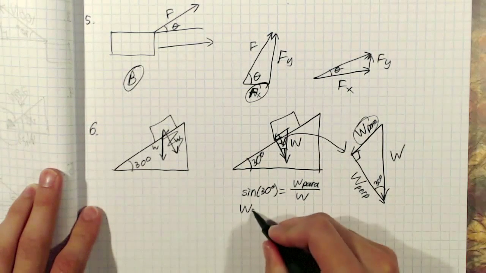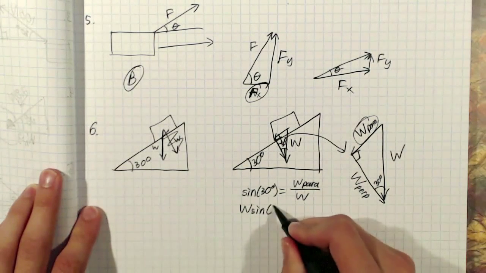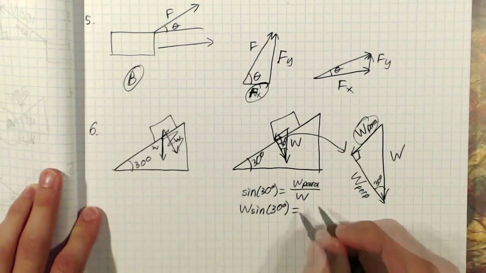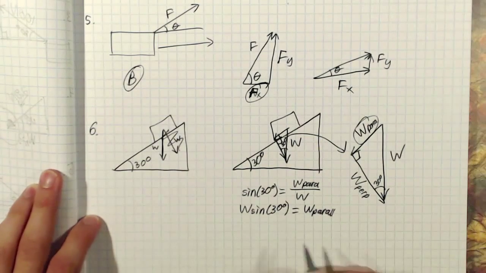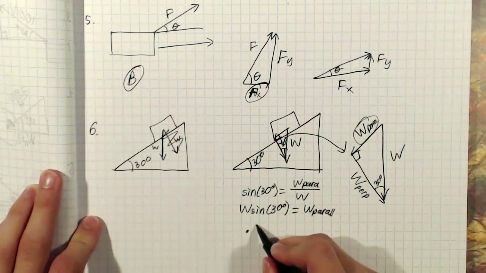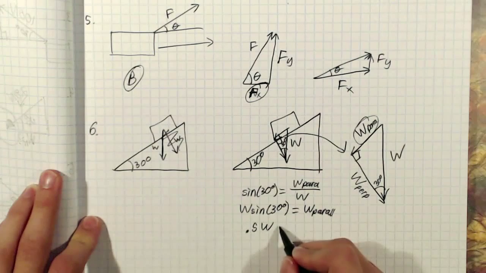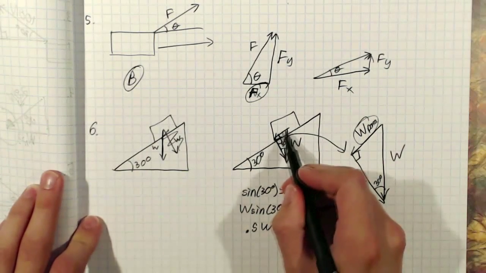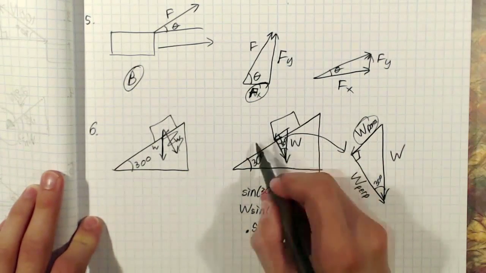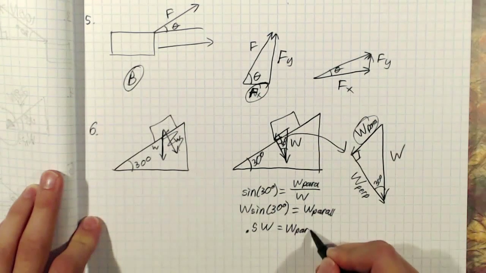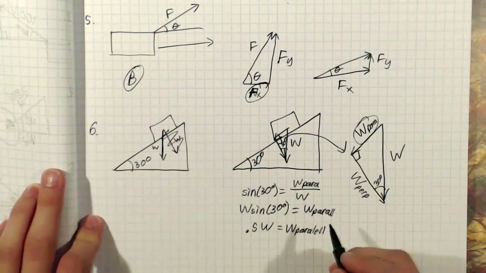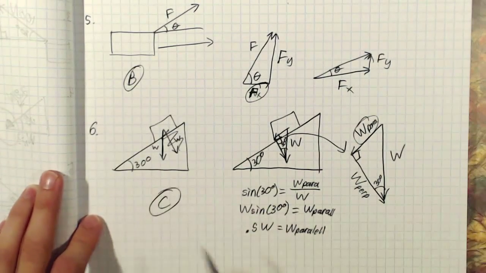So the weight times the sine of 30 degrees is going to be equal to the parallel weight. And the sine of 30 degrees is 0.5, so 0.5 times the weight is going to be equal to the component of the weight that's going down the ramp. And that is going to be C.